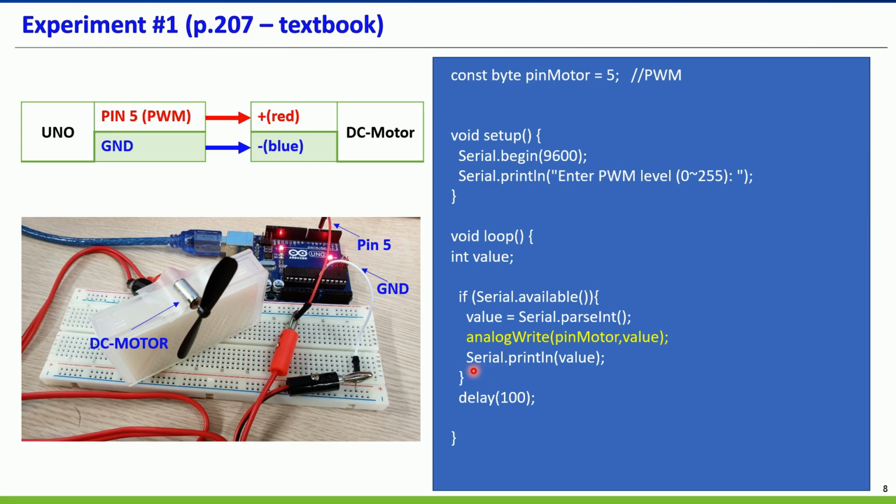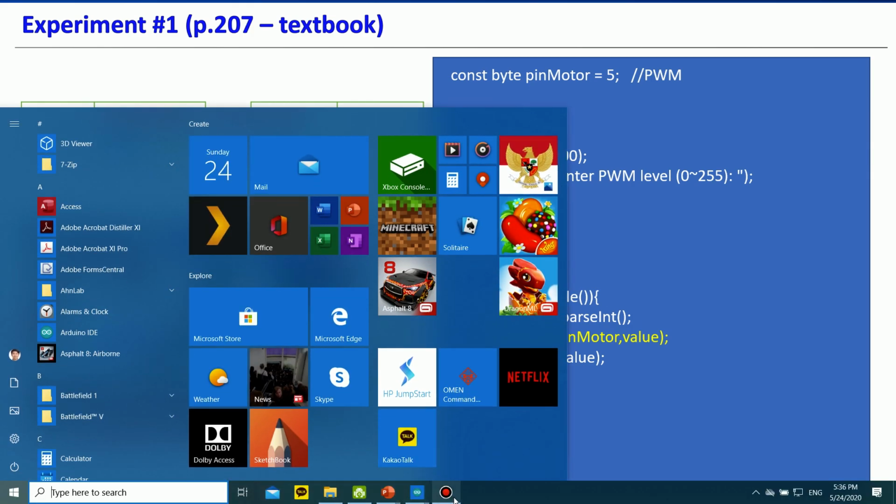Okay, and then just print out how much value you are giving from the serial monitor, and just give the delay. Okay, I will show you now on my DEX.